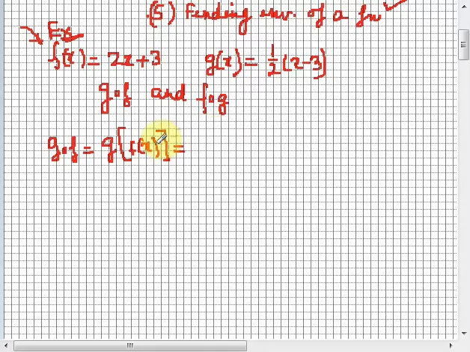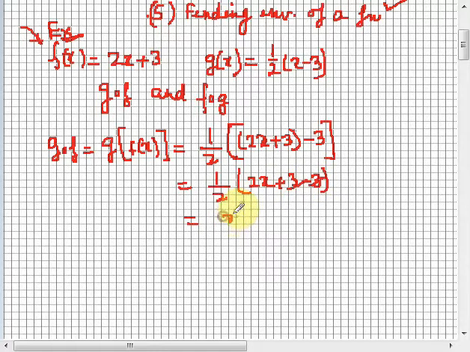We just put fx in place of x in gx, that is, it will become half of 2x plus 3 minus 3, which is equal to 1 by 2 times 2x plus 3 minus 3. The 3 cancels, and it is equal to x.